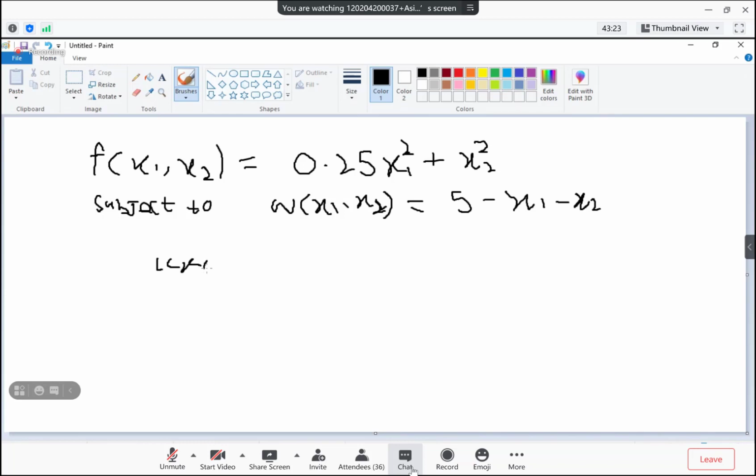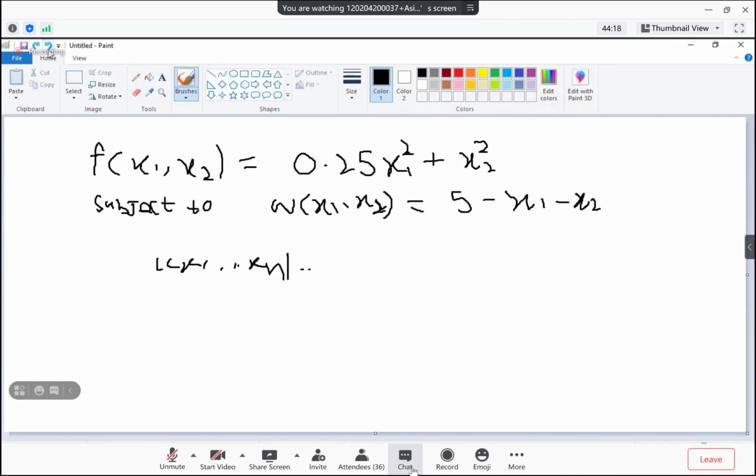To find the Lagrangian function and solve this example, first we will write this equation in the Lagrangian function, and after that we will take the partial derivatives with respect to x1, x2, and lambda, and we will get the following values.